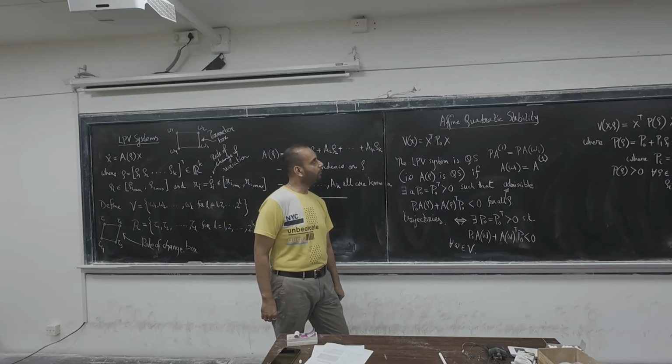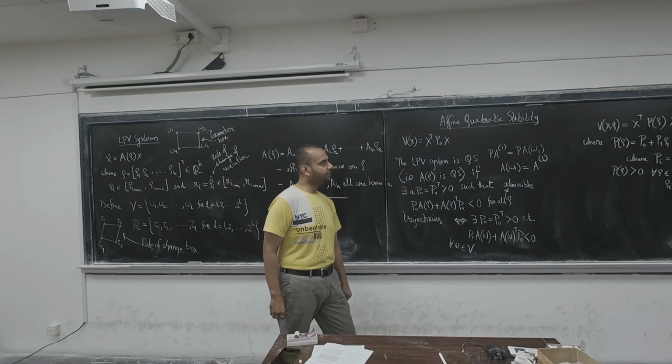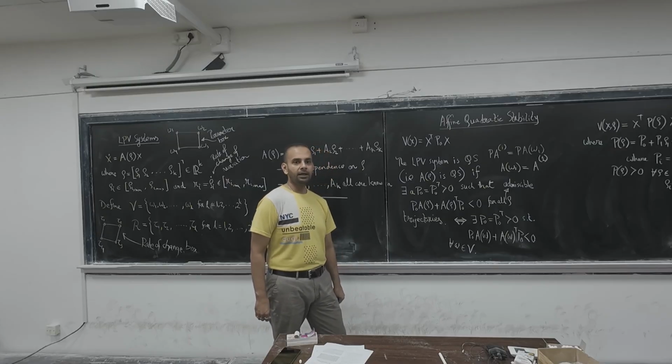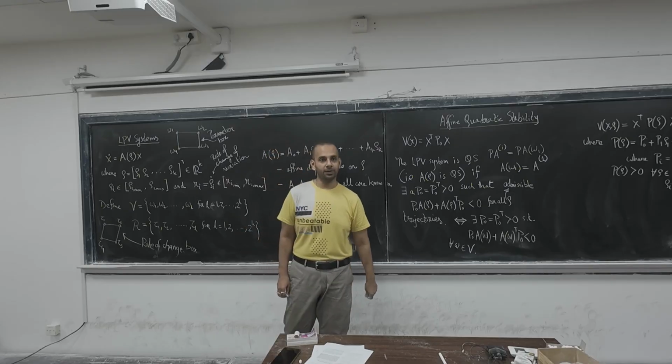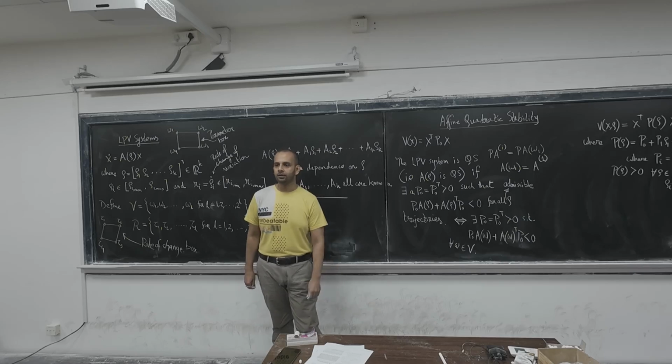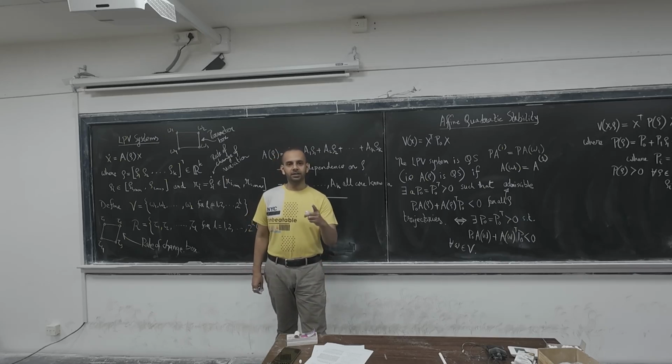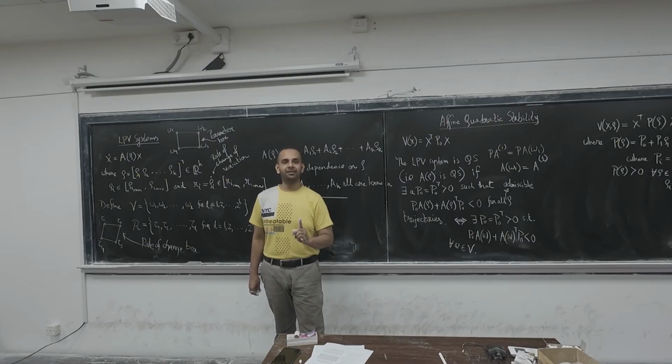Please remember that we are introducing affine quadratic stability for considering the rate of change of the variables, because that is one of the limitations of quadratic stability. There we considered the variation, we considered that it is an LPV system, so the parameters can vary, or their values would be within a known range, but they are not time varying.